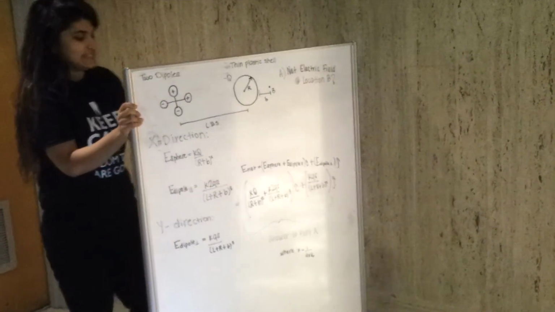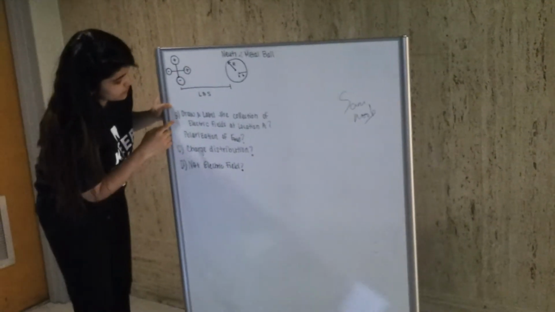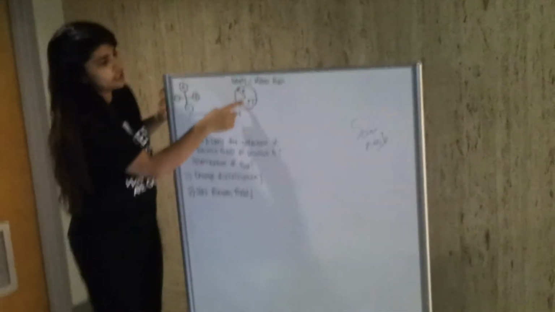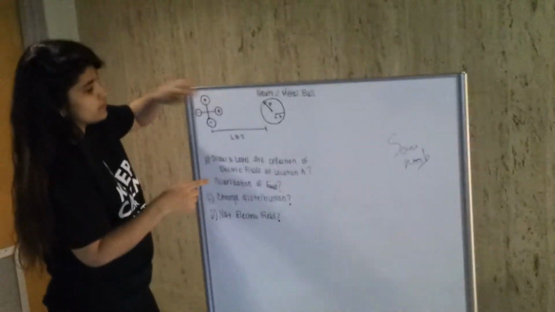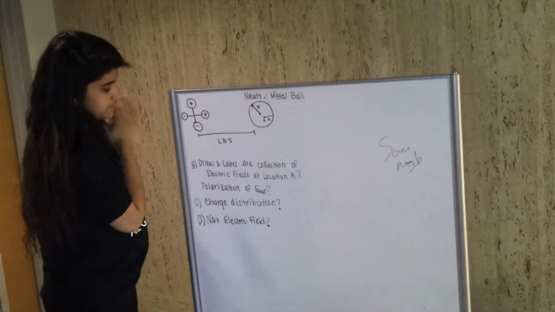For part B and C, you were supposed to draw and label the collection of electric fields at location A. Location A is now inside of a neutral metal ball at a distance B inside.